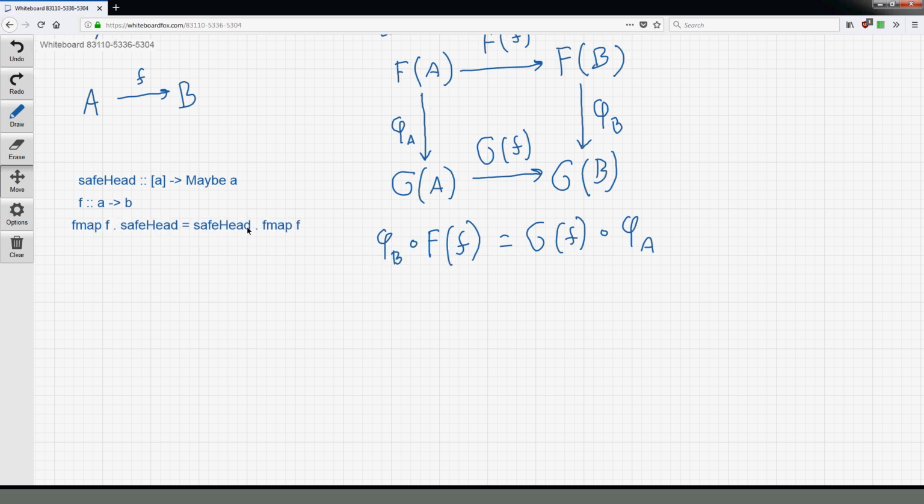Now, this looks kind of weird, but this actually works because of Haskell's type inference.